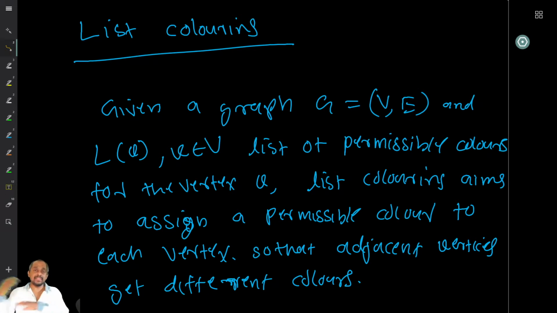But if I give a different list to the neighboring vertex, then maybe I can use the color that is not present there. So this list has 1, 2, 3 and that has 2, 3, 4. If I use 1 here, it is not going to make any difference to the list of the other vertex, because it still has 2, 3, 4 available, since 1 is not there in its list at all. So one can feel that maybe using different sets of colors on vertices makes the coloring easier.